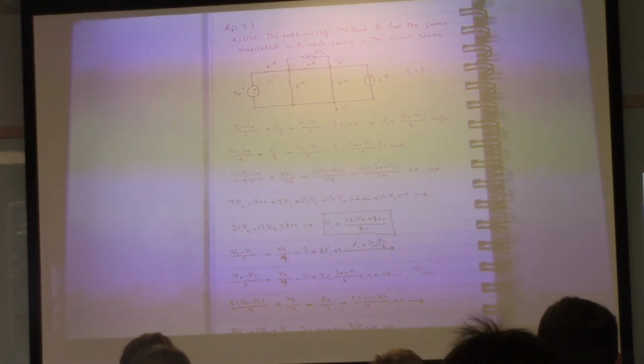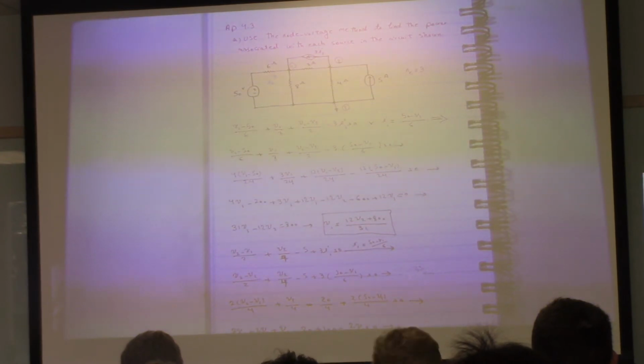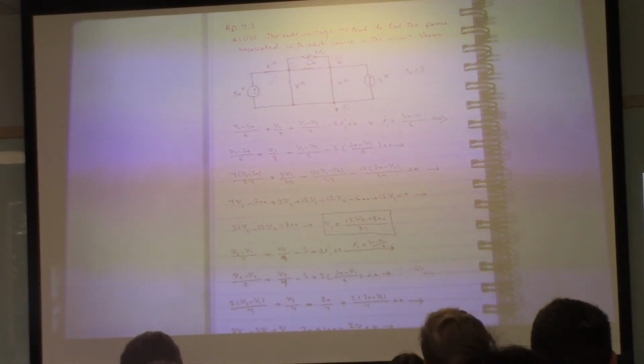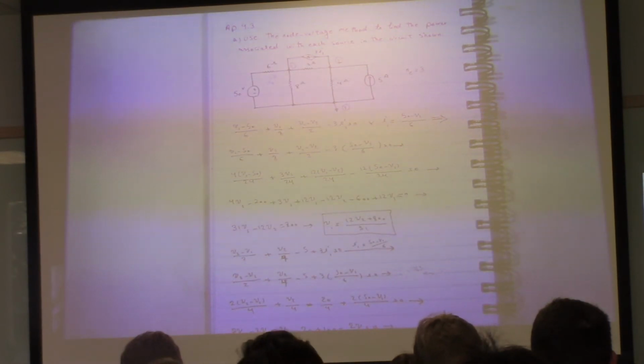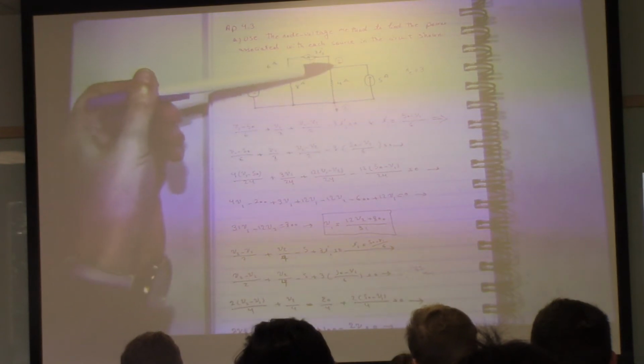Okay. How many essential nodes? 3. 1, 2, 3. So we consider this one as a reference node. For the first one, we call it V1 and this one V2.